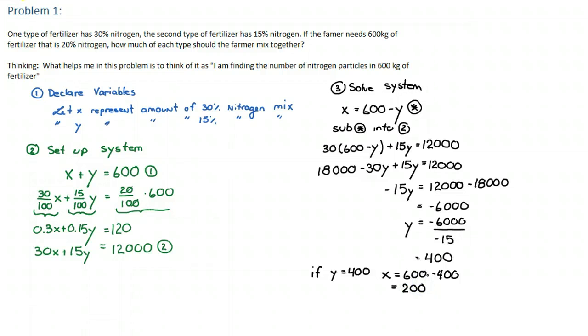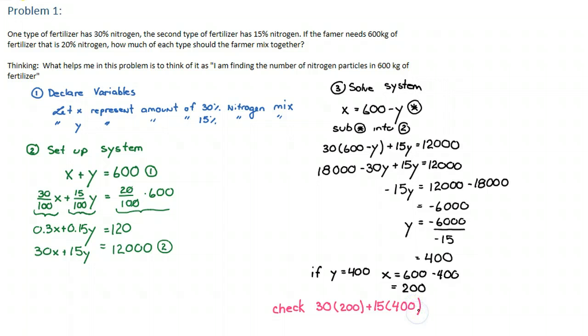Okay, so now we have 2 more steps to do. Let's do a check. And our check is we'll do a left side, right side check. So we're going to substitute into equation 2. So we're going to see 30 times x, which is 200, plus 15 times 400.